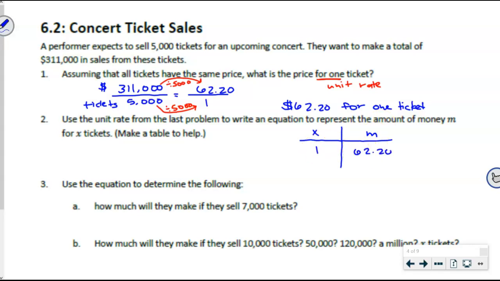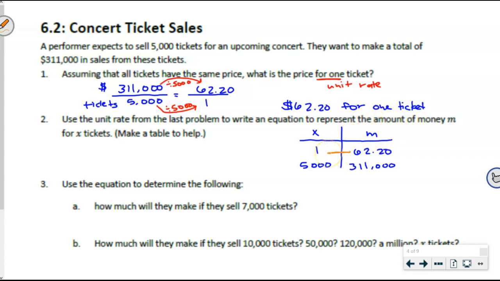I know that because we just found that in that last problem. If I wanted to, I could even include that 5,000 tickets would be 311,000. Just a tiny little table, but it helps me to see that relationship.